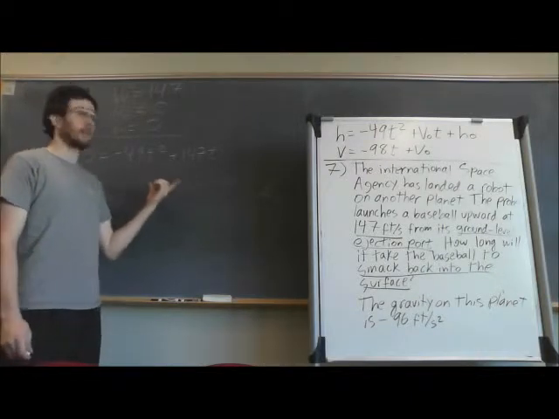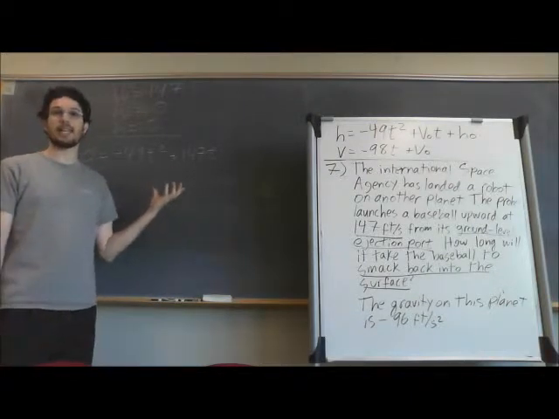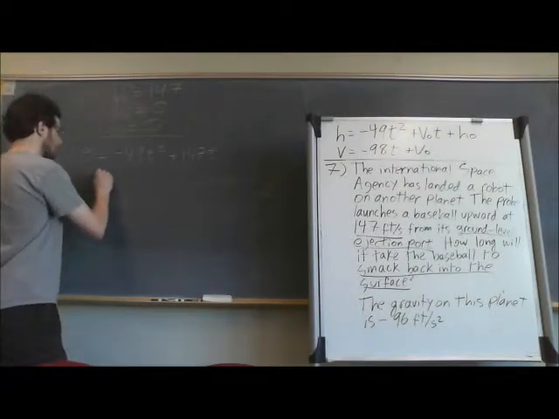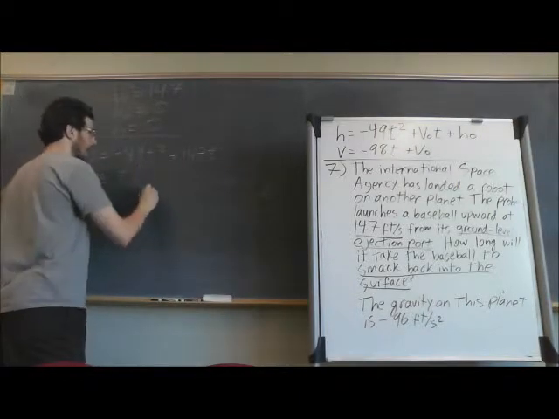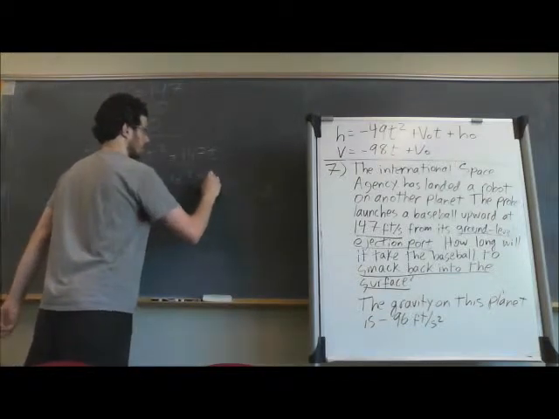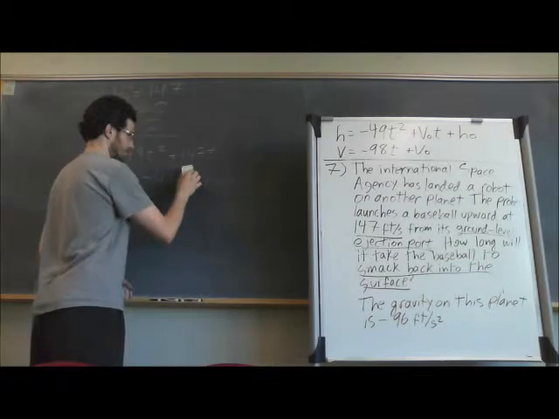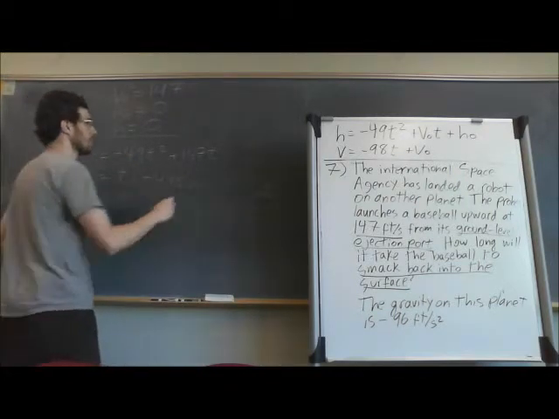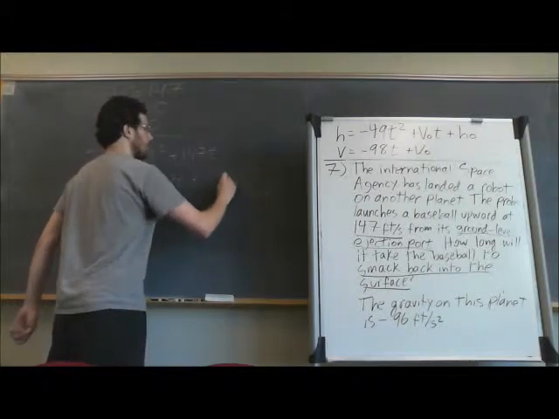I do know that I can at least factor out a t from both of these terms. So I'm going to say 0 equals t times negative 49t, because I factored out a t, plus 147.